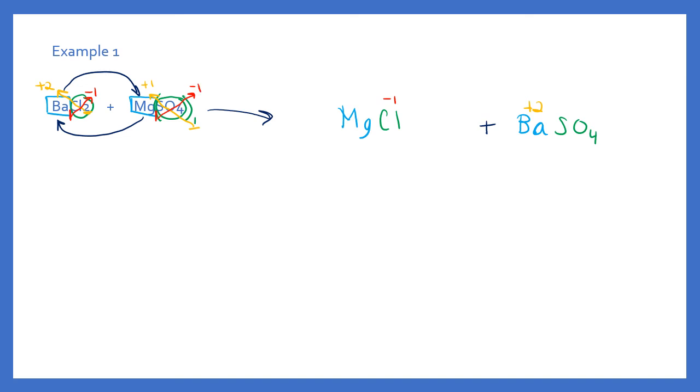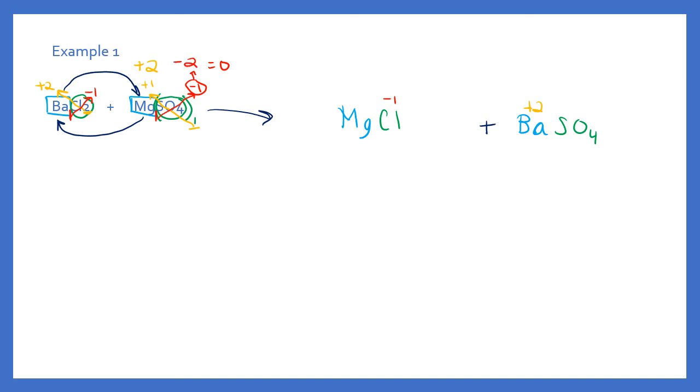Now I want to draw attention to this. Magnesium, if we were just to check this on the periodic table, we would say that magnesium actually takes a +2 charge. And since we want to get 0, we need to change that -1 and make it a -2.